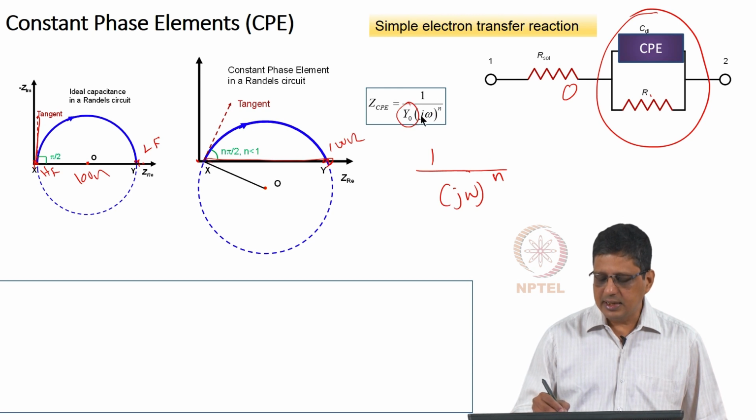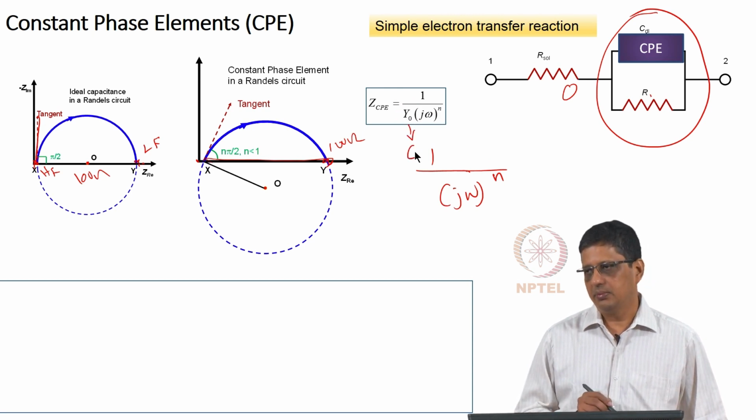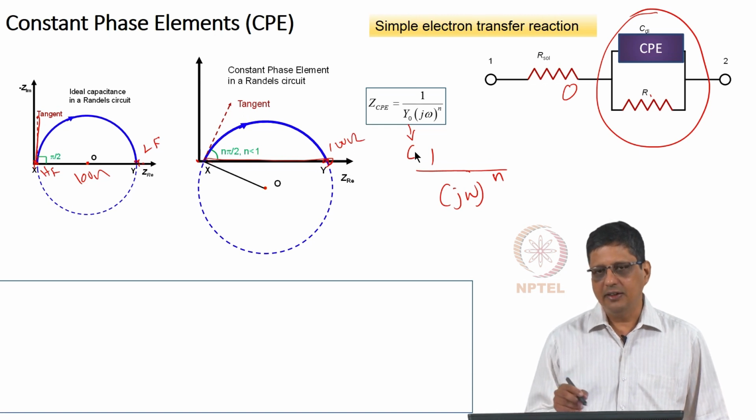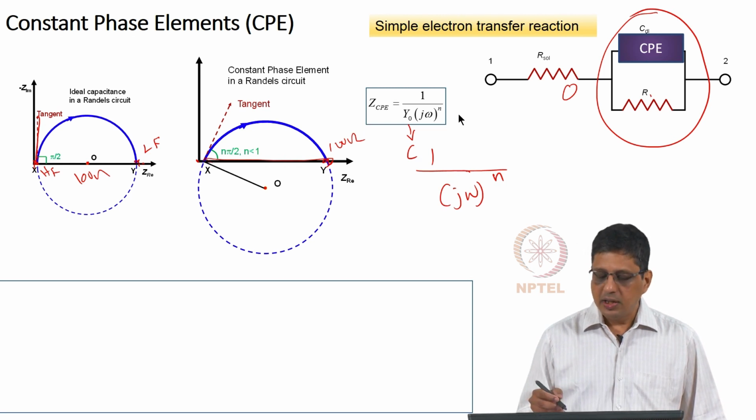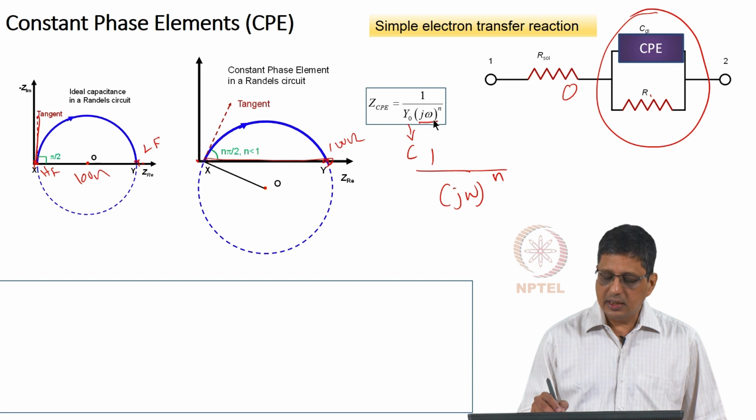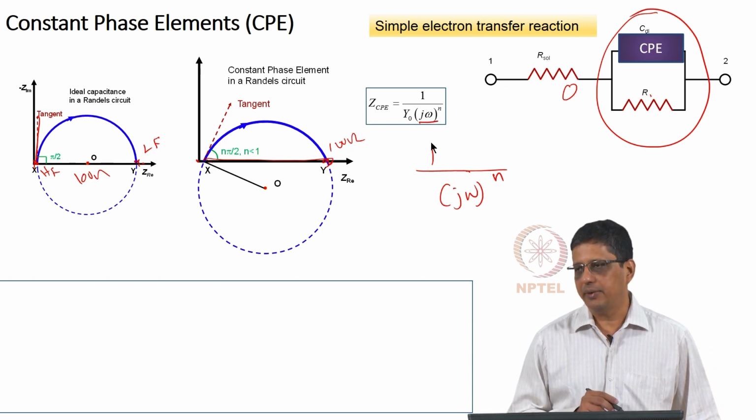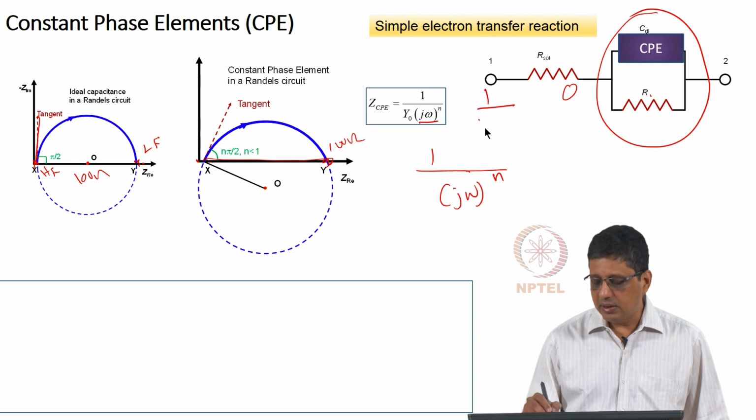When n is the same as 1, this is going to be capacitance. We would write j omega C as the admittance for the capacitance, 1 by j omega C as the impedance for the capacitance. Here, notice that the j omega is within the brackets and it is raised to the exponent n.